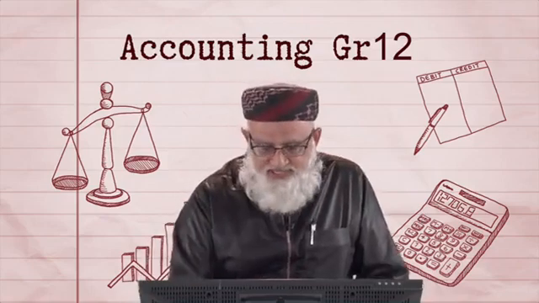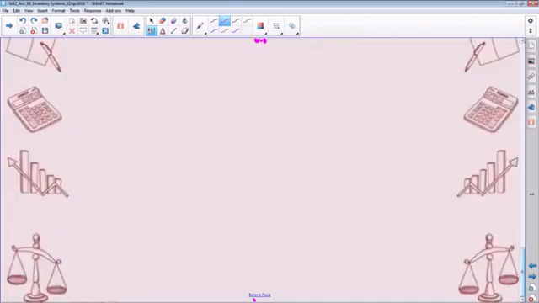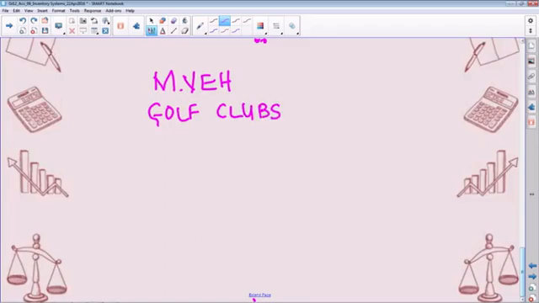So, let's just do this by way of an exercise for you. Take the item motor vehicles, right? Take the item golf clubs, and take your golf balls.